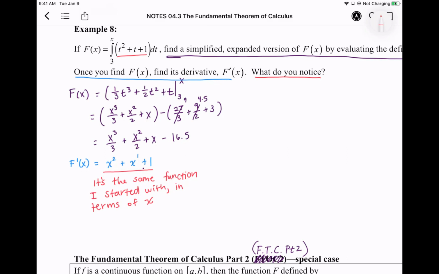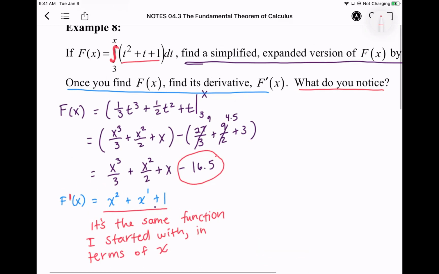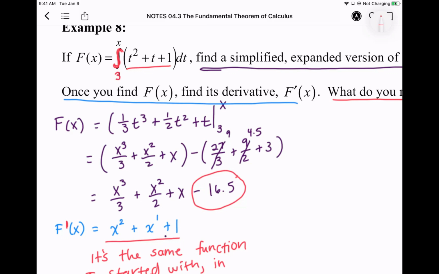What I think might have happened is that I took the integral, and then I took the derivative. So the integral and the derivative kind of canceled each other out because they're inverses of each other, which we learned in the previous video. One thing I'm also noticing is that this term here, because it came from the term with a constant 3, just canceled out.